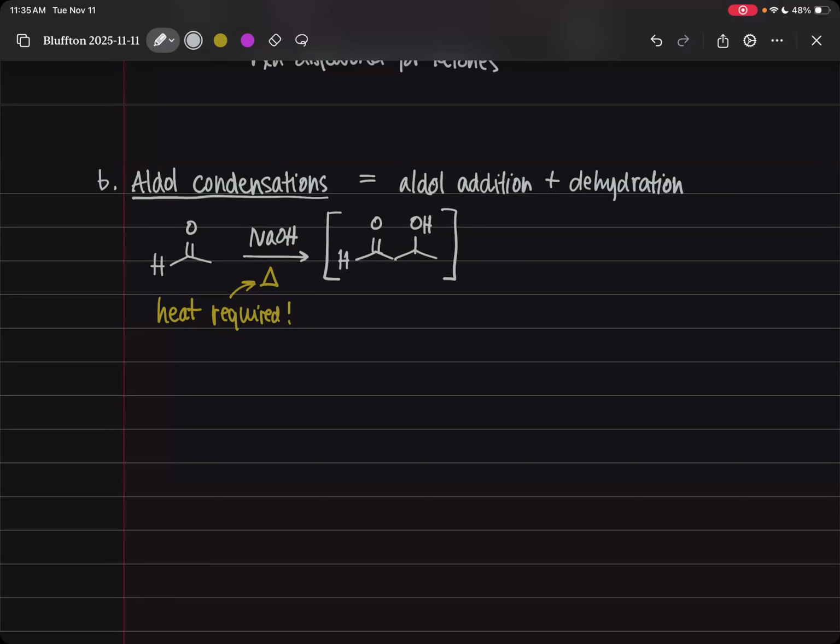It really just depends on the conditions and the specific reagents that you use. For example, in lab today, we did an aldol condensation, but you don't apply any heat. Turns out that room temperature is enough heat to get that particular set of reagents to do an aldol condensation. Anyway, the addition product is not isolated.